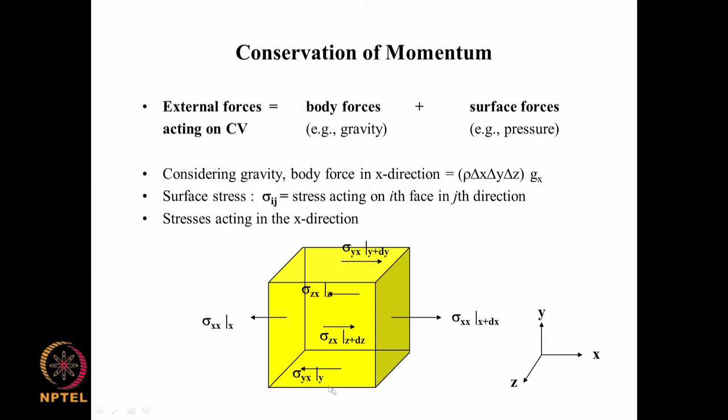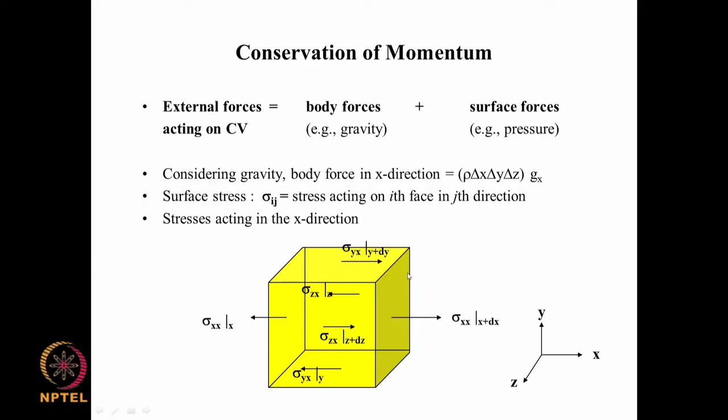These two can be different if stress is varying vertically as you move up from point to point. If the stress is changing, then these two can be different. That is why we define sigma yx at y and sigma yx at y plus dy. If there is a change in the stress in the vertical direction, these two can be different. If there is change in the stress in the horizontal direction, then these two can be different.